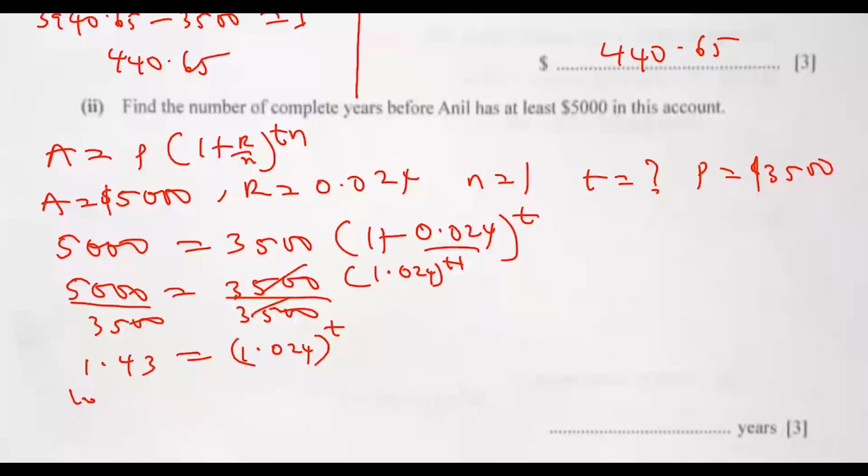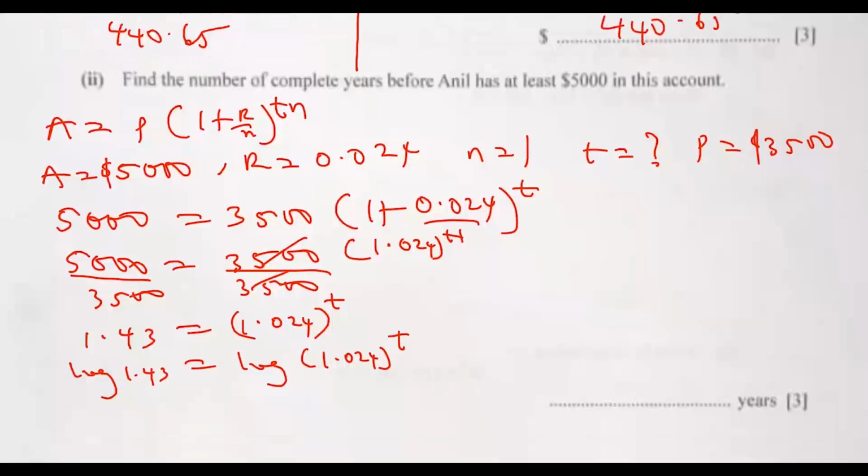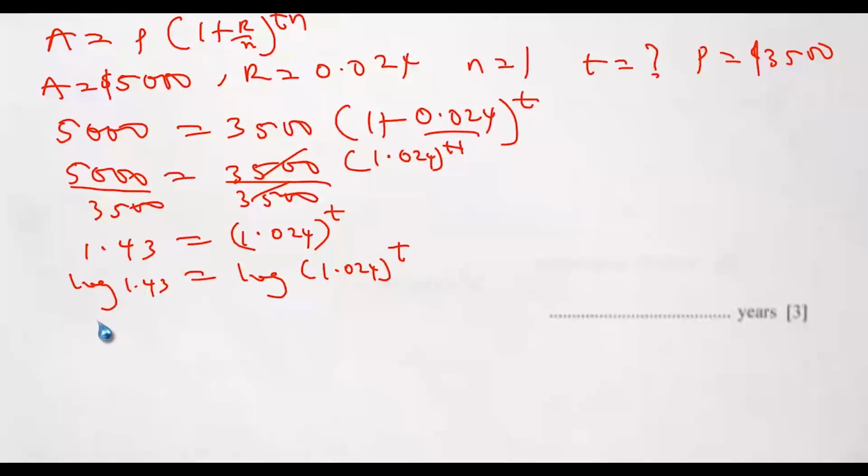So this will be log 1.43 equal to logarithm of 1.024 into t. This t can now come down here. So let's scroll down a little bit. This will give us logarithm of 1.43 equal to t times logarithm of 1.024.